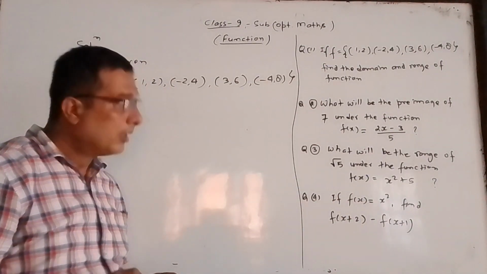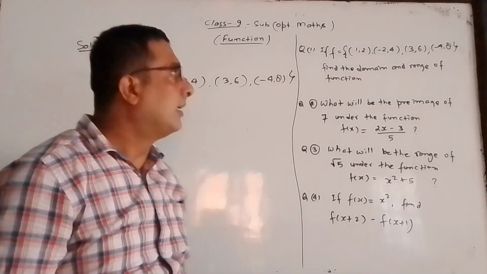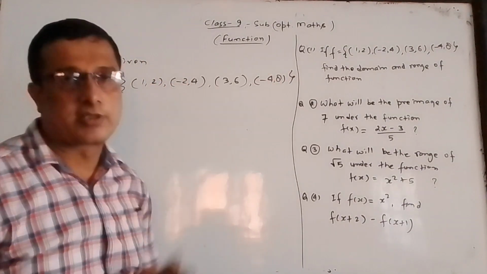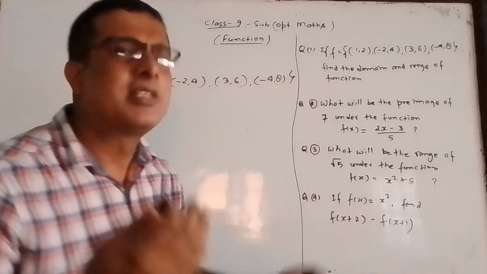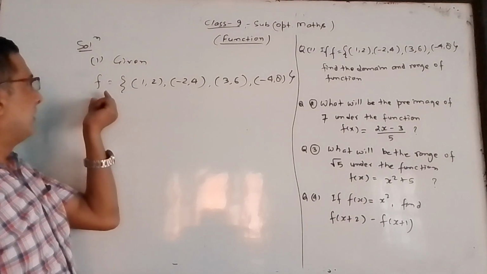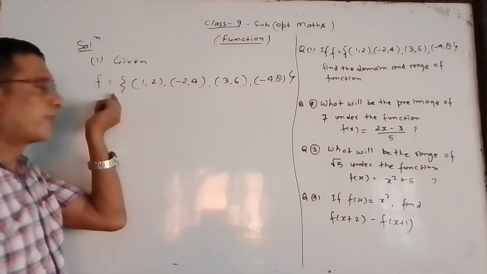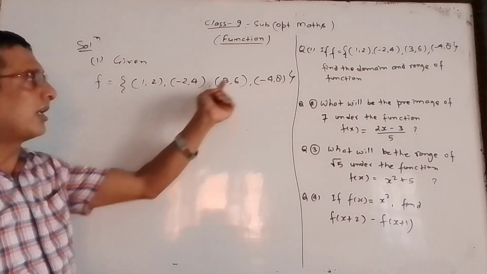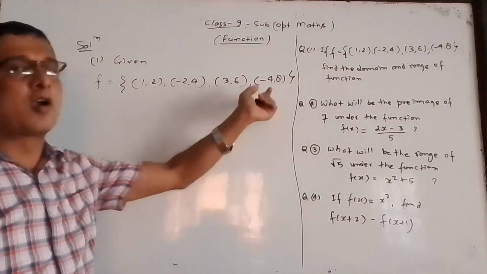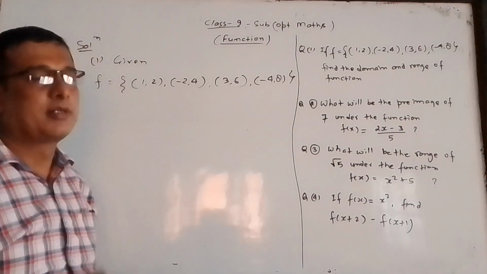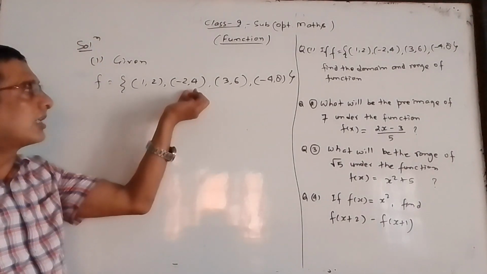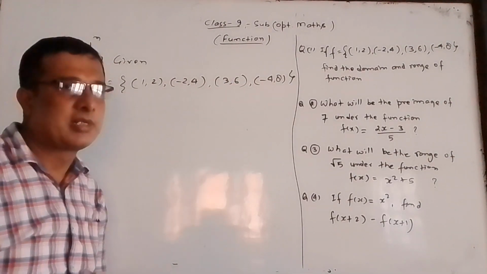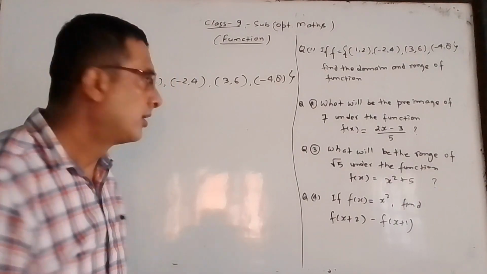Find the domain and range of the function. So, very simple. From a function, the set of all first elements of the ordered pairs is called the domain, and the set of all second elements is called the range.